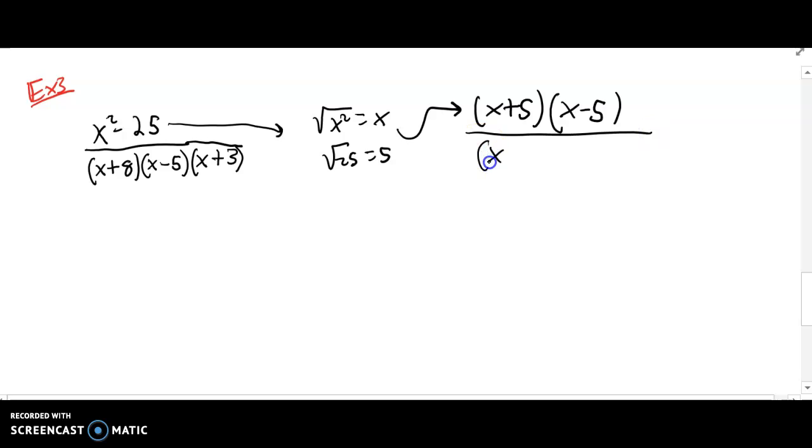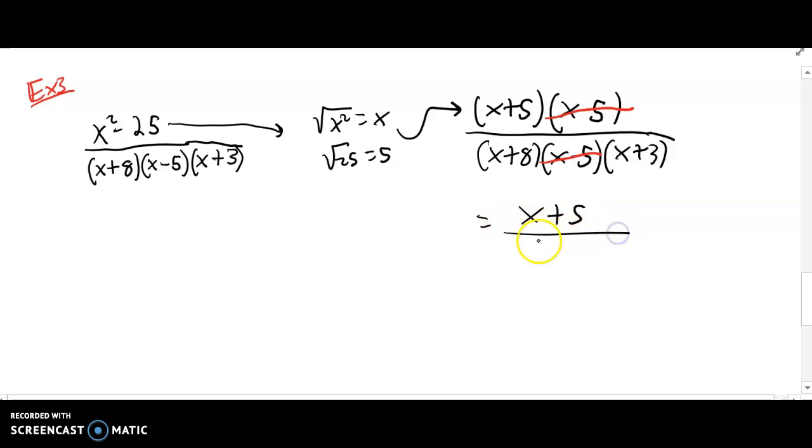Nothing changes in the denominator. Great. We're going to cancel these x minus 5. I'm left with x plus 5 over x plus 8, x plus 3.